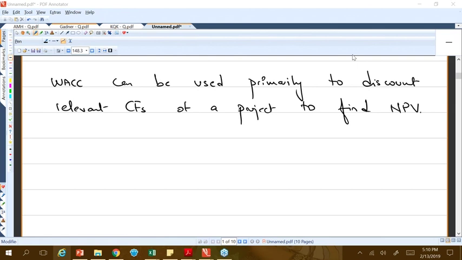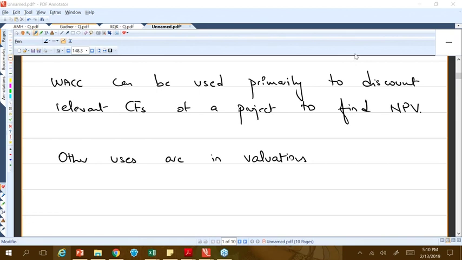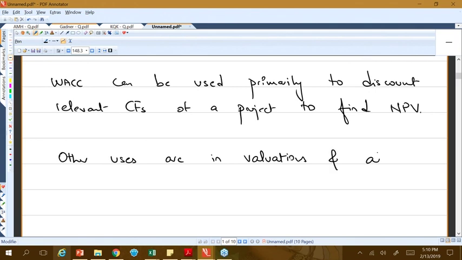Let's just think about it. The other uses of WACC are in valuations, as a lot of you have pointed out, which I am okay with. CAPM, no. So other uses are in valuations and also in IRR as a decision rule criterion. Because if you remember, we say that if the IRR is greater than the current cost of capital, we will accept the project, or if it's lower than the current cost of capital, we'll reject the project.